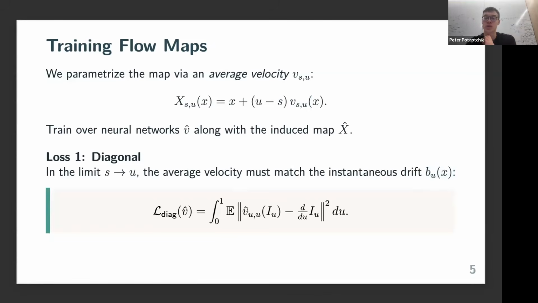So if we want to ensure that my v_{u,u} is equal to b_u, we can just do flow matching just as before. If we minimize the flow matching loss, then on the diagonal, v_{u,u}(x) will equal exactly my drift b_u(x). So this diagonal loss just ensures that my average velocity is correct when s is equal to u, and it equals the instantaneous drift b_u(x).